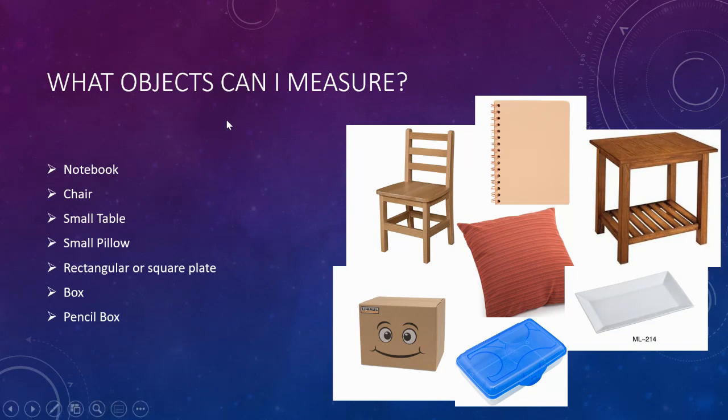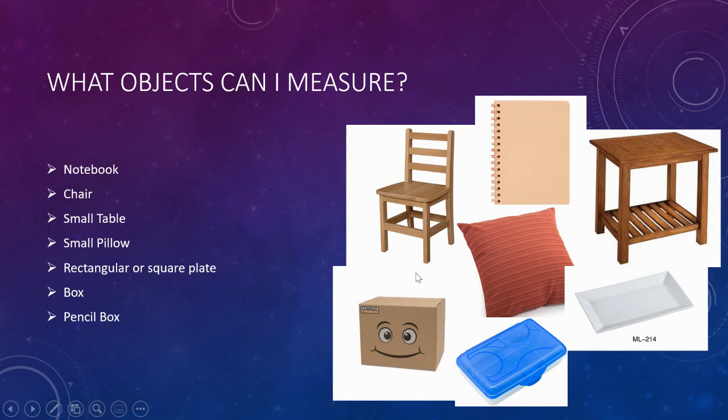I think that's it. So you can do a notebook. I'm sure you all have notebooks at home. Small notebook, big notebook, whatever you have. A chair. You can use the rectangular part of the chair here. See this part? Okay. A small table, so you can do the tabletop. A small pillow, like if you have some in your bed or in your living room. Any rectangular or square plates that you have.